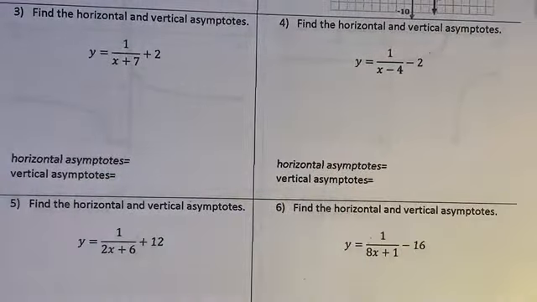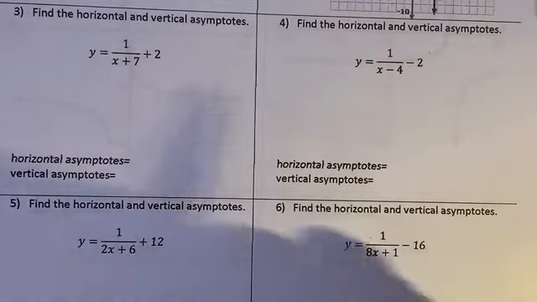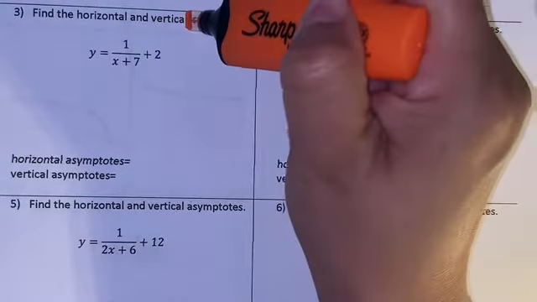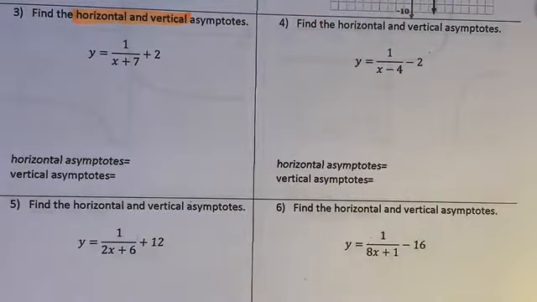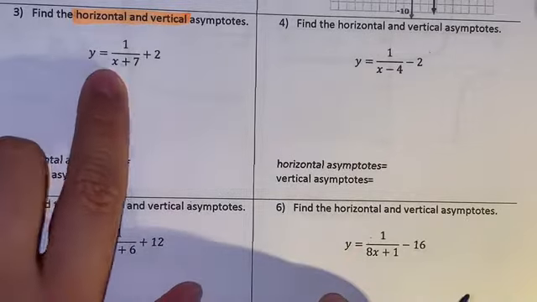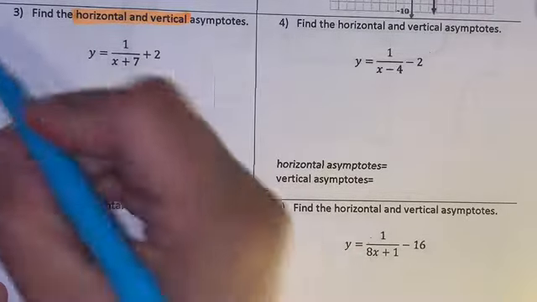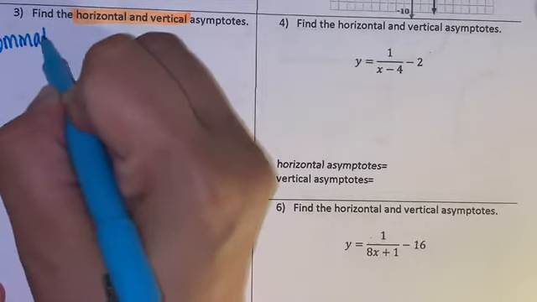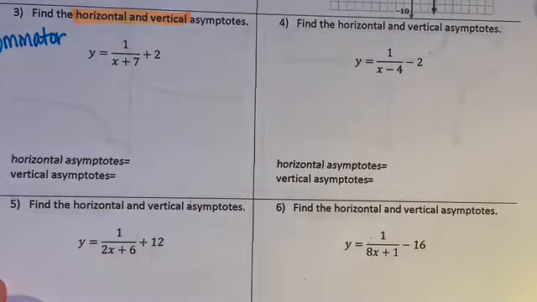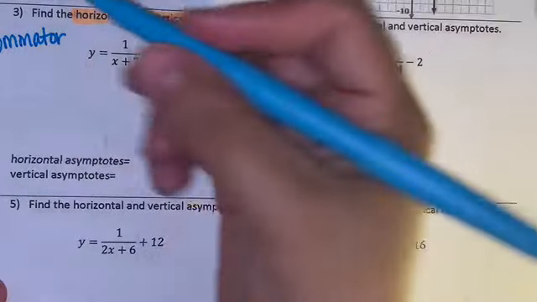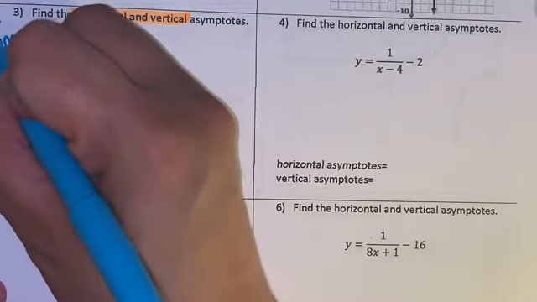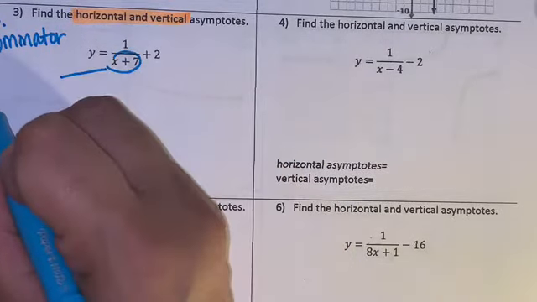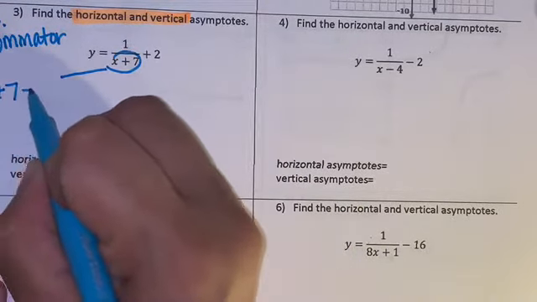Right, number 3. Okay, so find the horizontal and vertical. Yet again, we're going to look at the denominator. So you look at the denominator when you look for the vertical. So the vertical asymptote, you look at the denominator. So we're going to take this part, x plus 7 equals 0.